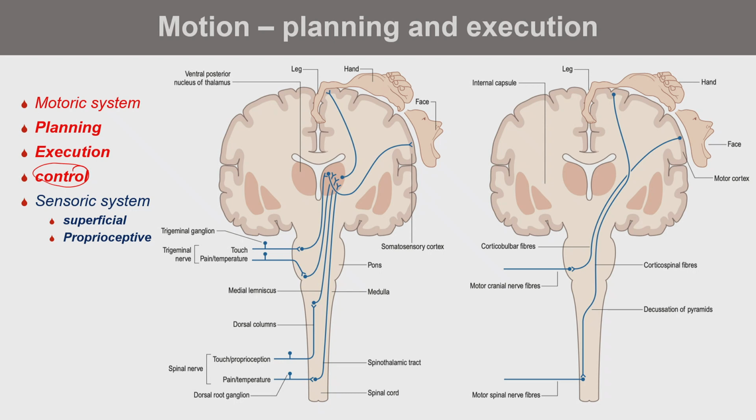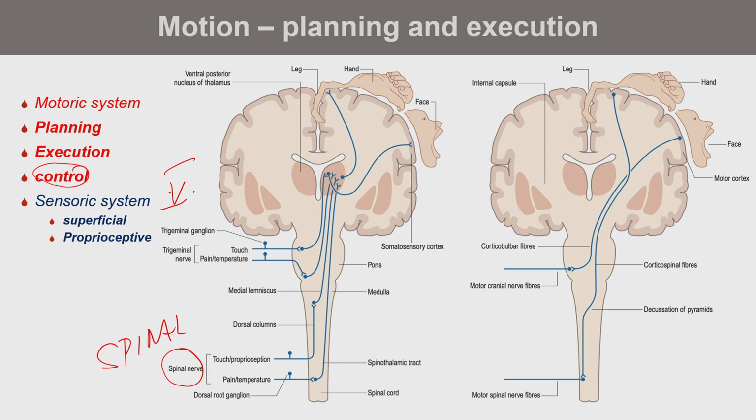The sensory system goes into the central nervous system through the spinal nerve or through the sensory nerve of the head and neck. The major one is the fifth nerve, but it's not only the fifth nerve, mainly the fifth nerve.